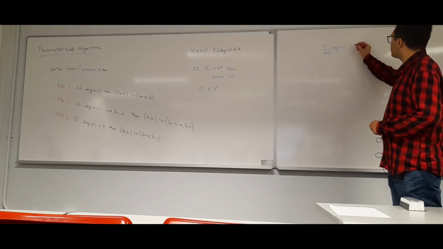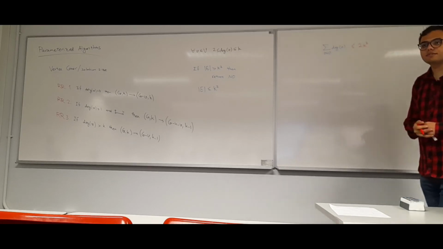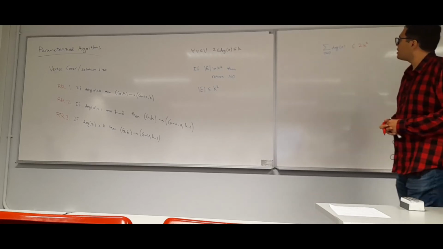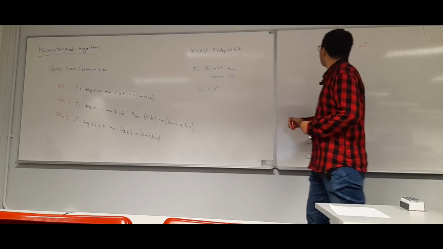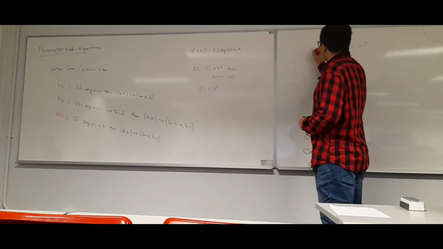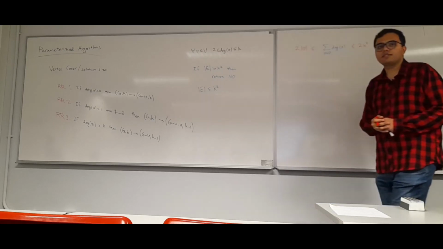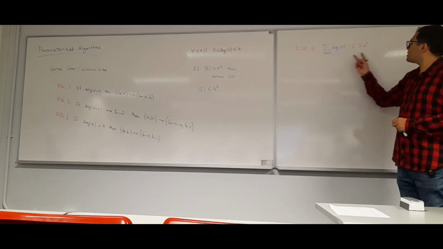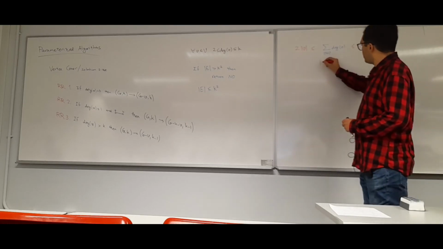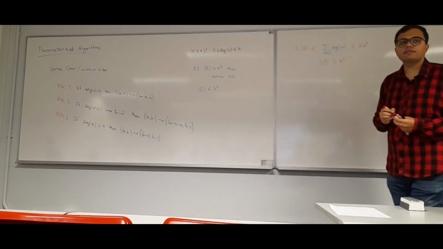So the sum of degrees is at most 2K squared. But on the other hand, I know that every vertex has a degree of at least 2. So this sum is at least twice the number of vertices, right? So twice the number of vertices is at most 2K squared. So the number of vertices is at most K squared.